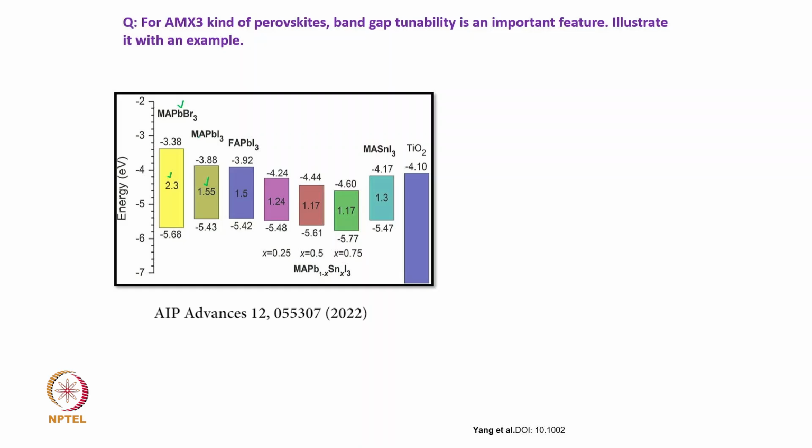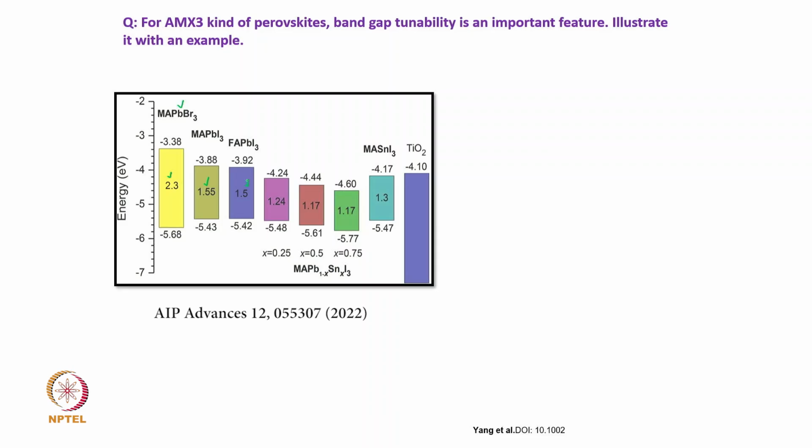So, now you change this methyl ammonium group MA by FA, okay. Rest other things you keep same and then the band gap slightly reduced, it becomes 1.5 electron volt now.